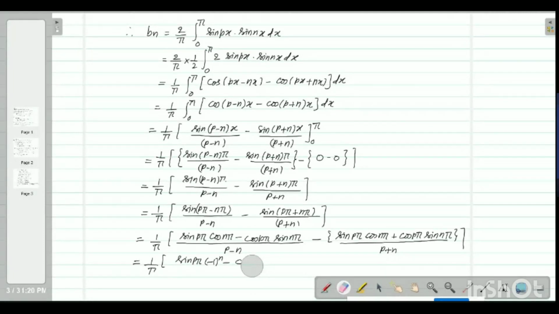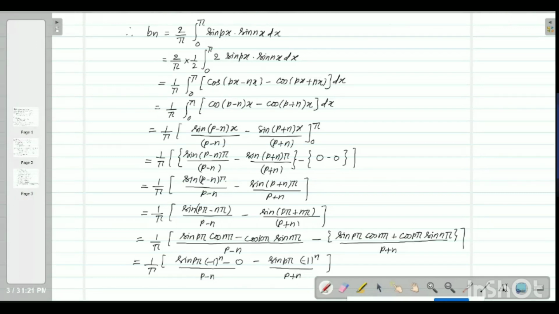So sin nπ is 0, so this will be 0, and divide by p minus n. And minus, yes, sin nπ is 0, so this becomes 0. So here you will have sin pπ, cos nπ is minus 1 raised to n, and divide by p plus n.